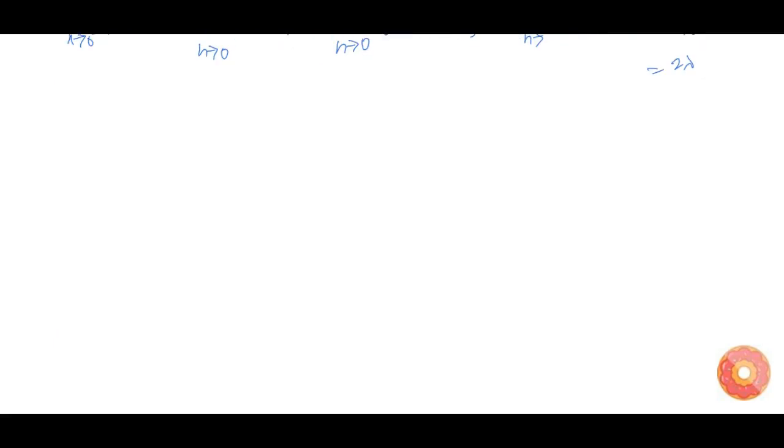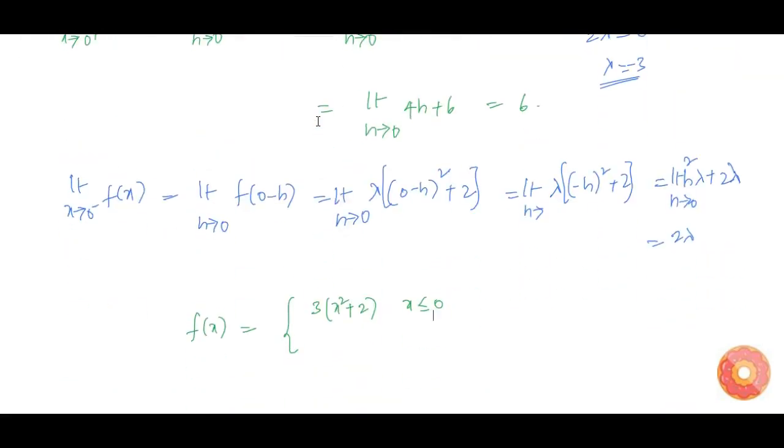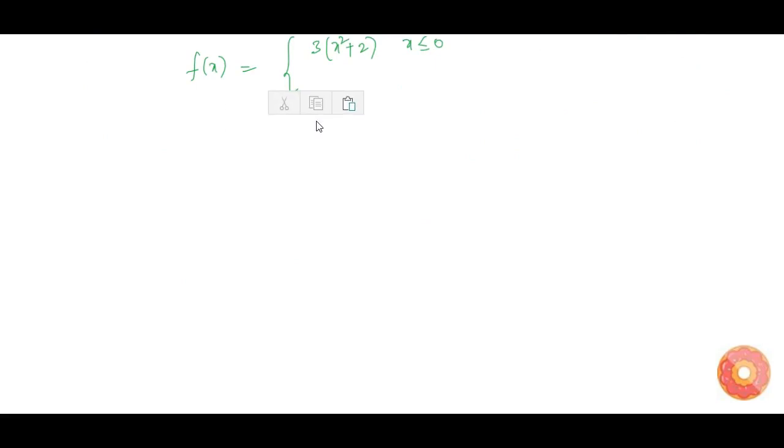Now let us first substitute lambda. Lambda is equal to 3. Now f of x is equal to 3 into x square plus 2 for x less than or equal to 0, and 4x plus 6 for x greater than 0. Now let us check the differentiability.